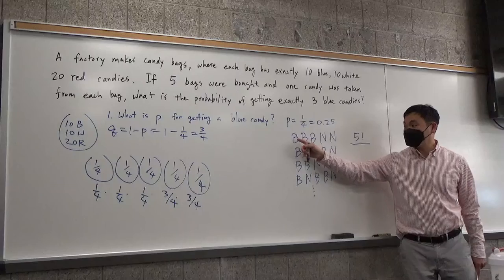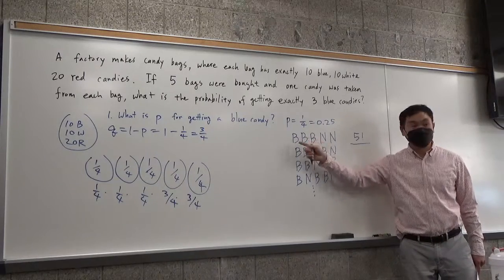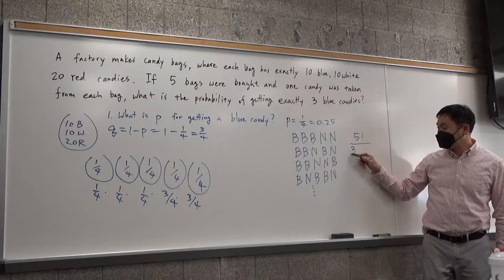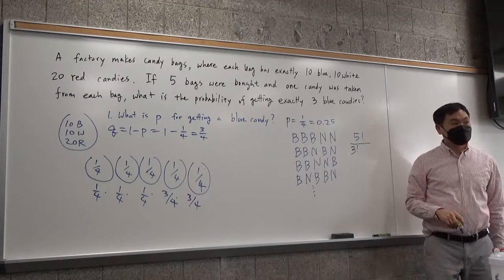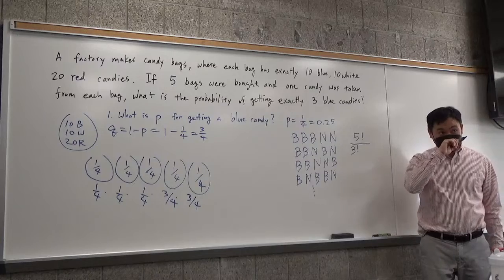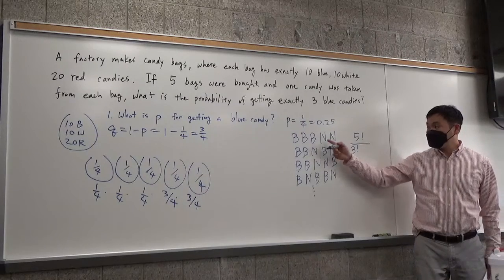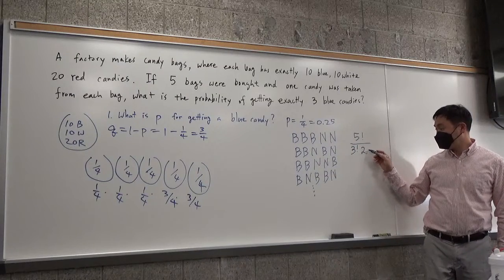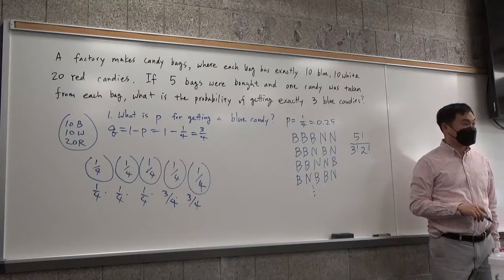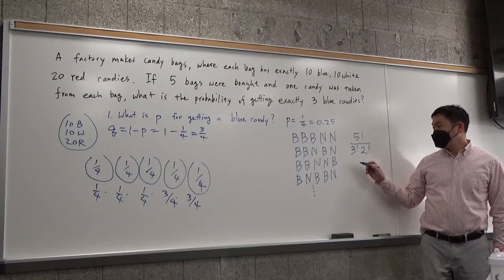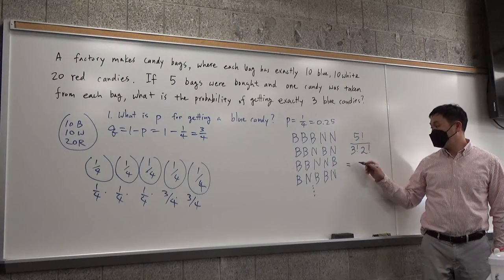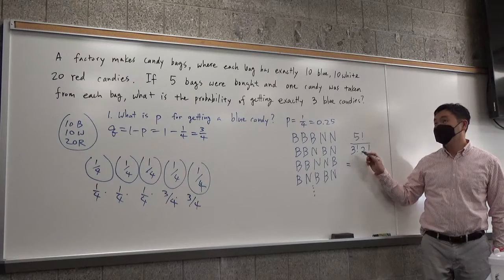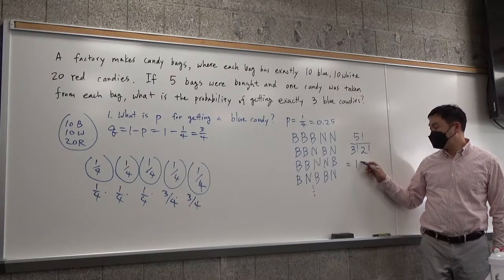If it's like B1, B2, B3, you can shuffle these 3 around, and it's still the same thing. So you have to divide by 3 factorial because 3 of them don't get distinguished. But also N and N are treated as the same, so we don't distinguish them either. So that's what we get, right? And this is 5 times 4 divided by 2, which will be 10.